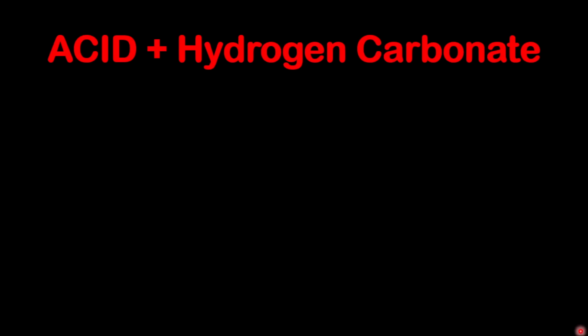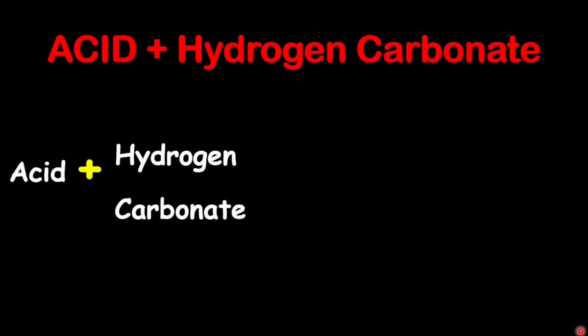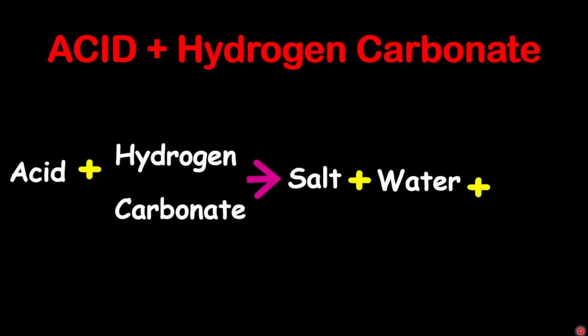Now, acid plus hydrogen carbonate is similar to a carbonate, but what you get is a little bit different because you have hydrogen within the carbonate. You still get a salt, water, and carbon dioxide, similar to a carbonate. However, sometimes you can form what are called acidic salts, in some cases, depending on which one you're using.